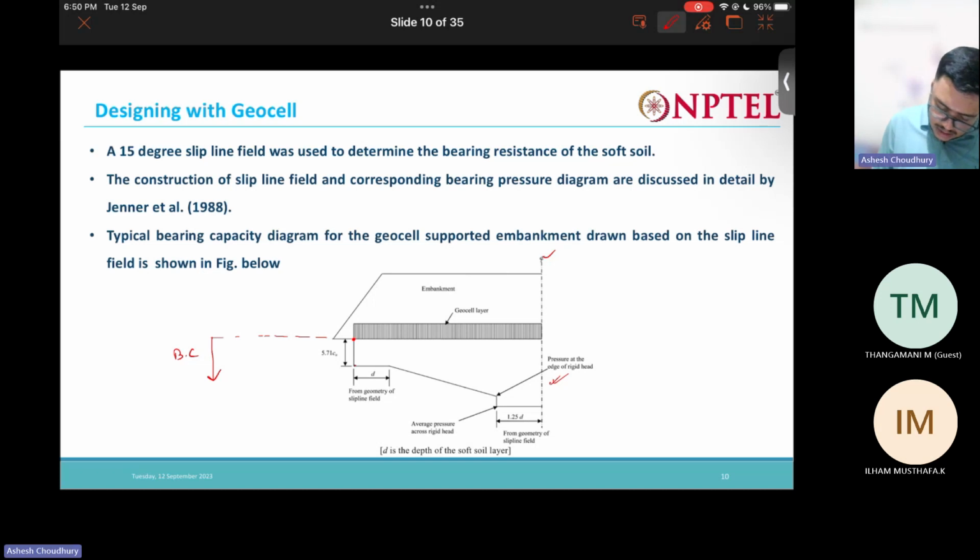From here to here, we have 5.71 CU as the constant bearing capacity. All these are given by Jenner.